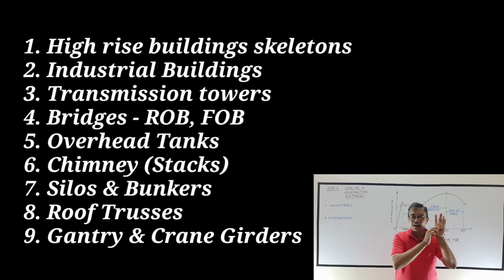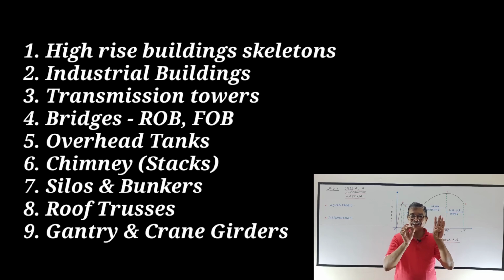The steel structures are used extensively for following civil engineering works, one by one. 1. High-rise building skeletons. Skeletons of high-rise buildings, 90 stories, 50 stories, 60 stories, like that. So the skeleton of a high-rise building is of steel structures.